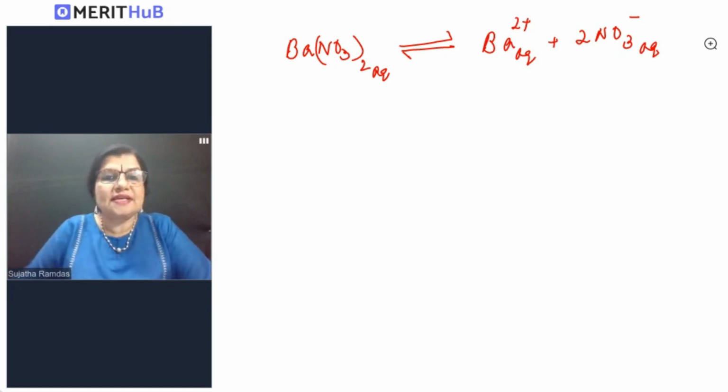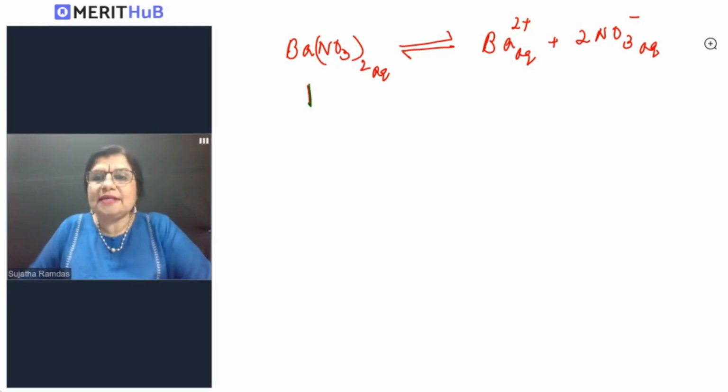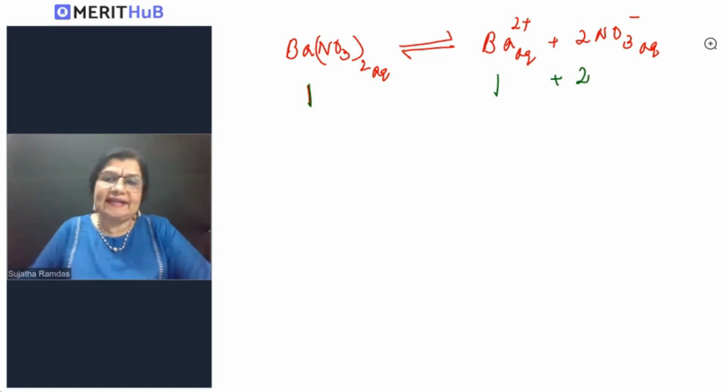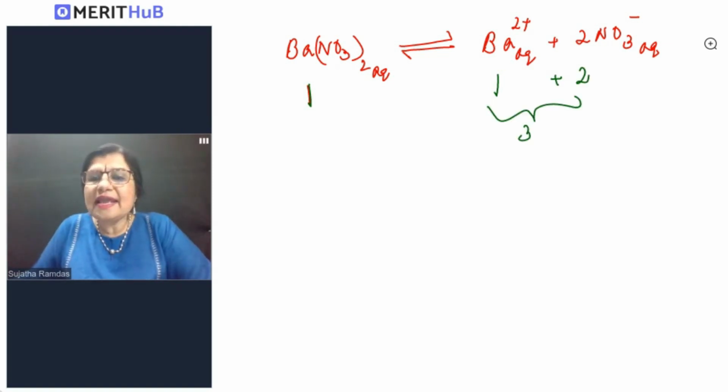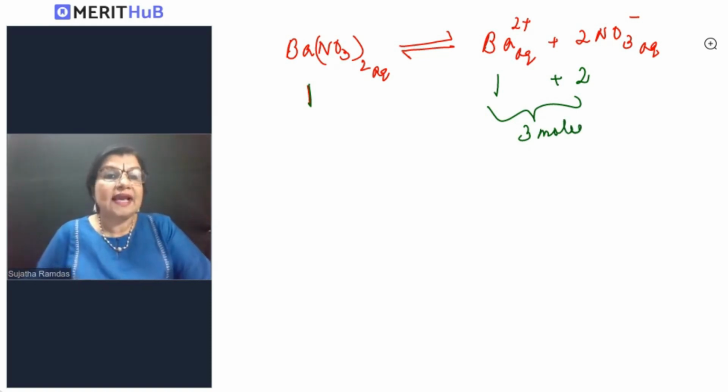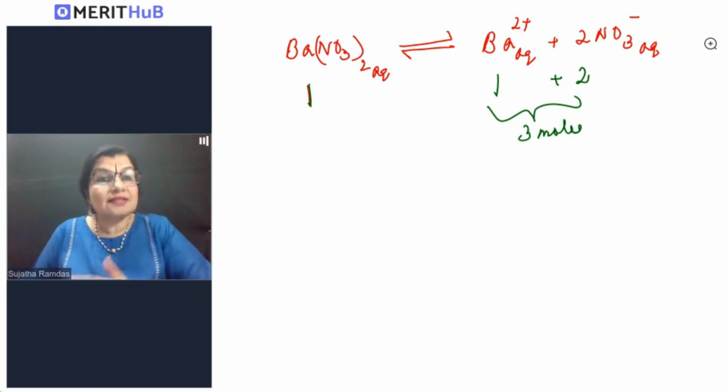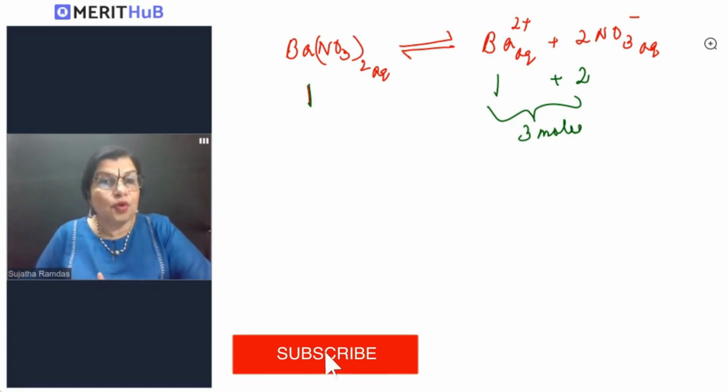Now, if you start with 1 mole of barium nitrate, you will get 1 mole of barium ions and 2 moles of nitrate ions. So you get 3 moles of particles in the solution, and that is what results in abnormality in the molar mass.